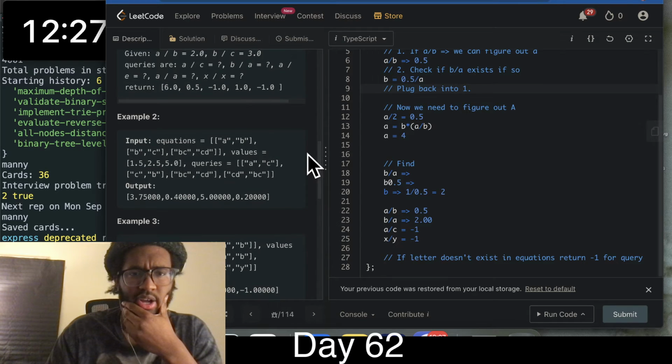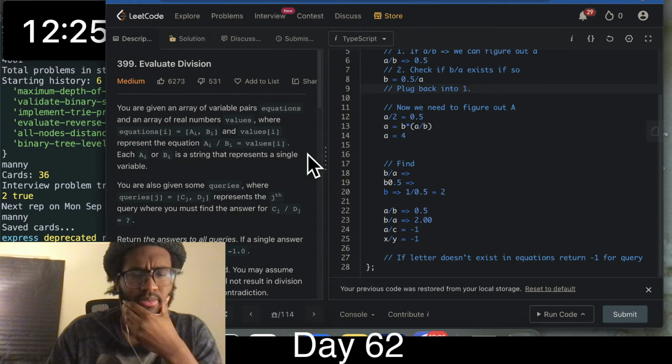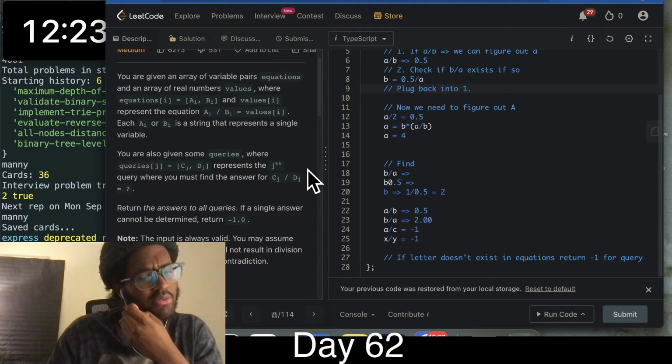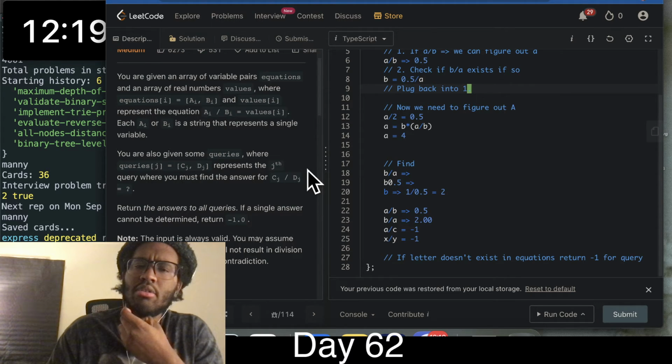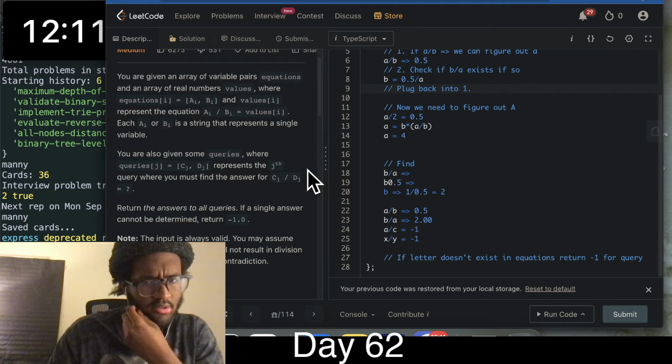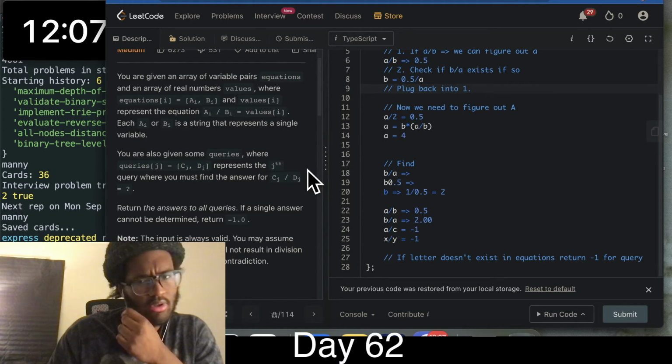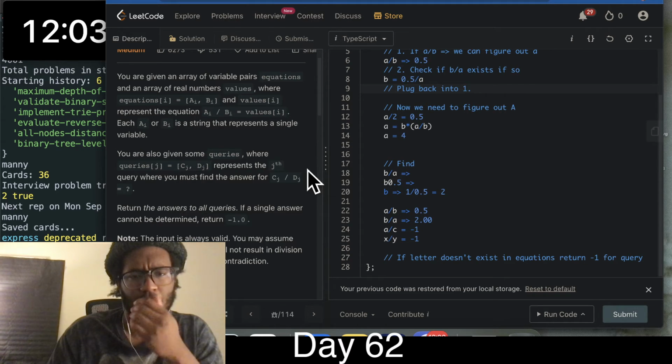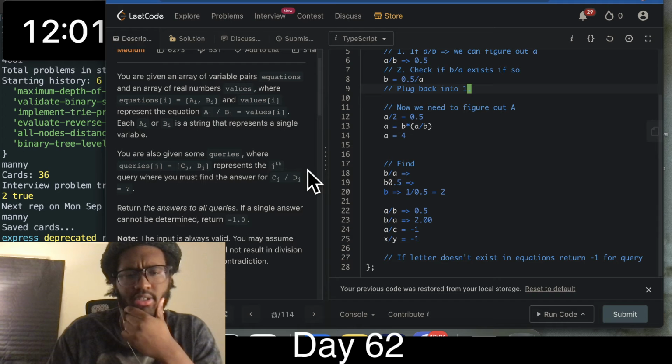I think we need to read on how to solve equations. I think I'm realizing that's the bottleneck for this problem. The way I'm going about solving the equations doesn't make any sense.